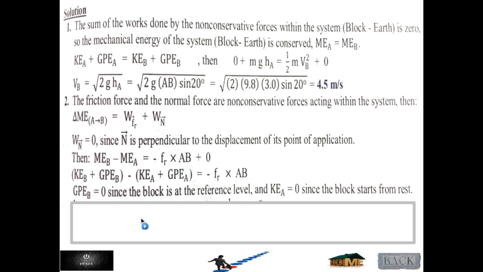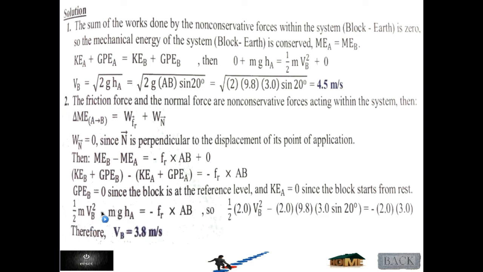We're left with kinetic energy B minus gravitational potential at A. I need to calculate the velocity at B. We know the height A, as we mentioned before, AB sine 20, equal to minus F times AB. AB we know, and friction also. We plug in the numbers and we get v_B equals 3.8 meters per second. Thank you.